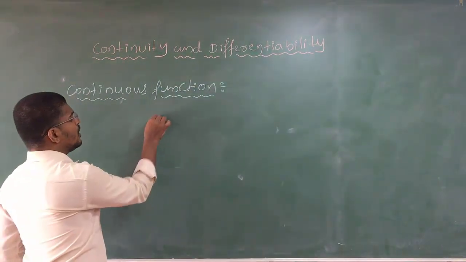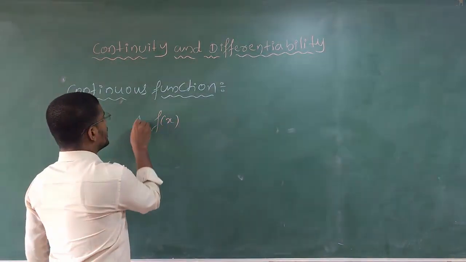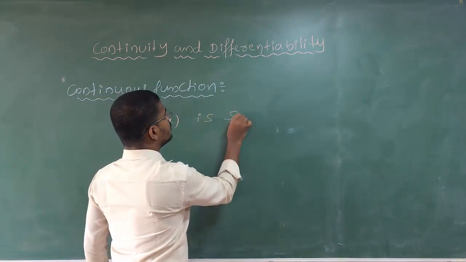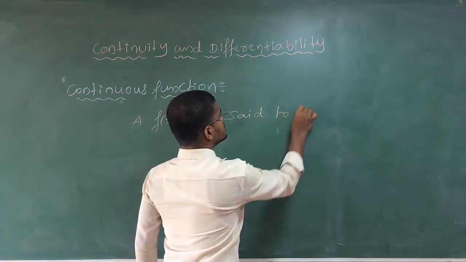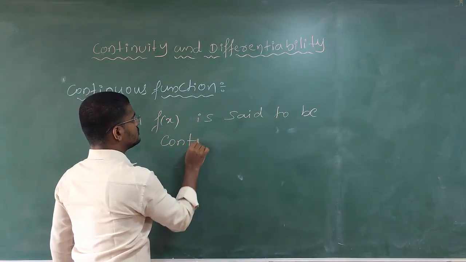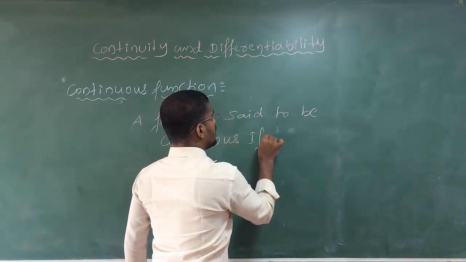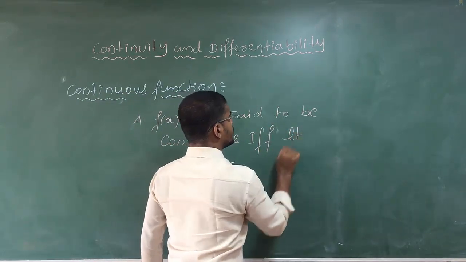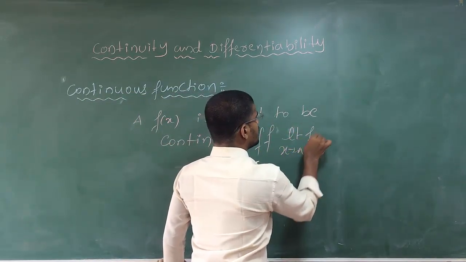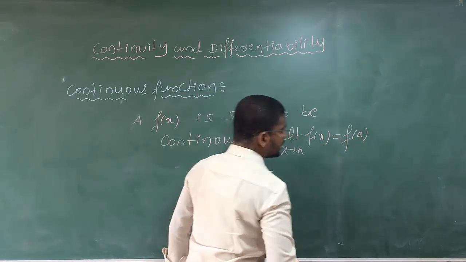Here a function f of x is said to be continuous if and only if the limit as x tends to a of f of x equals f of a.